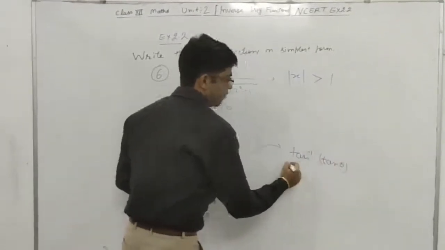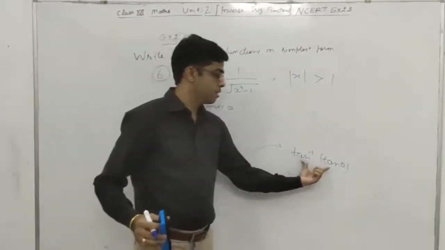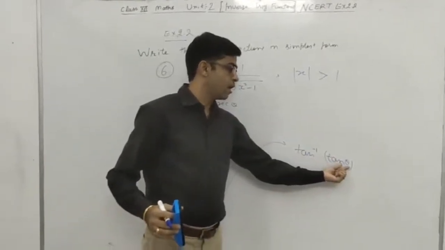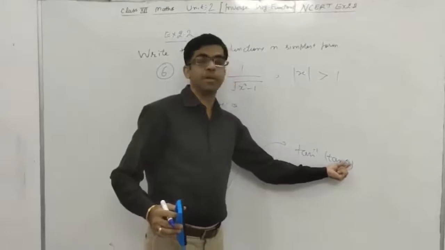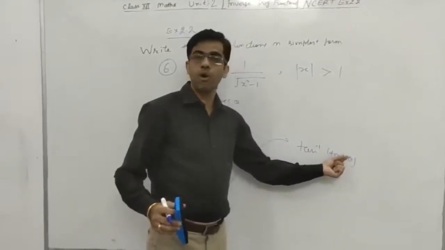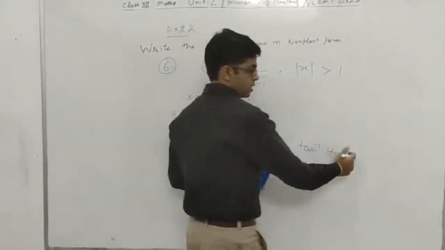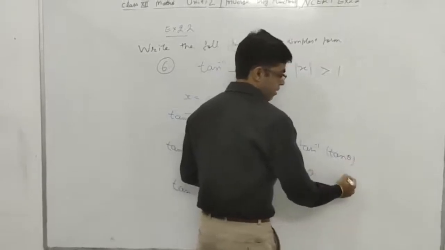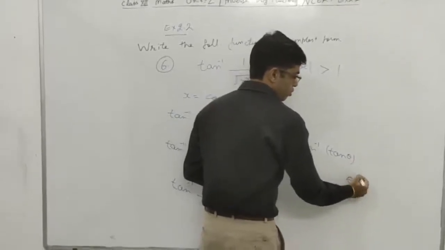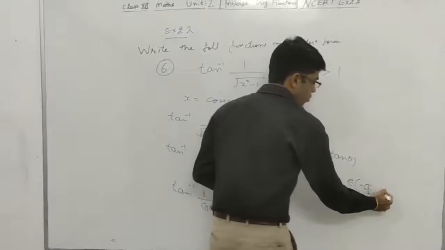So we can write this as theta if theta lies between minus pi by 2 to pi by 2, open interval. This theta should belong to minus pi by 2 to pi by 2.